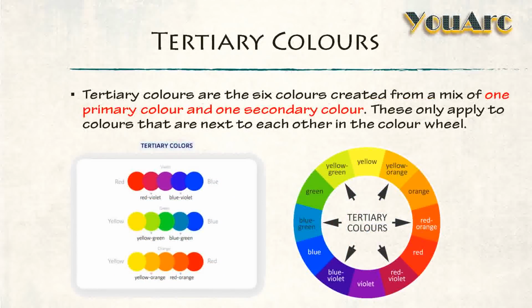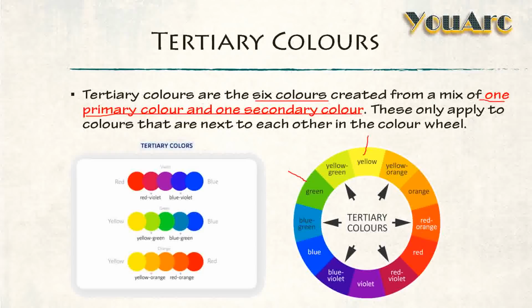Tertiary colors are six colors. Remember, we have six tertiary colors. They are created by mixing one primary color and one secondary color. How is a tertiary color achieved? One primary color and one secondary color, applied to colors which are next to each other. So for example, yellow is primary, green is secondary.